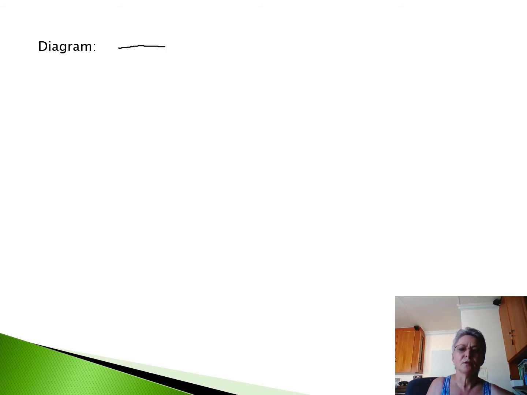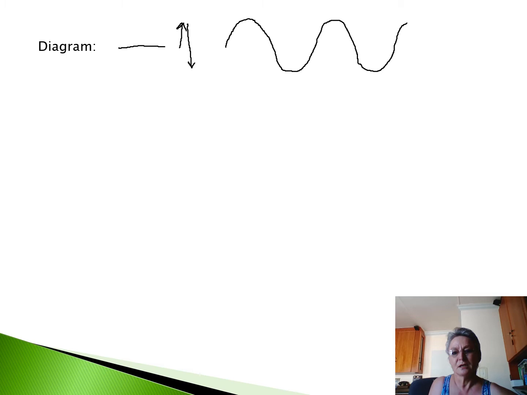So somebody would be vibrating or causing a to and fro motion in the medium that would displace the particles, and if it's displaced perpendicular to the rest position or the direction of motion of the disturbance, then you would see that type of pattern.